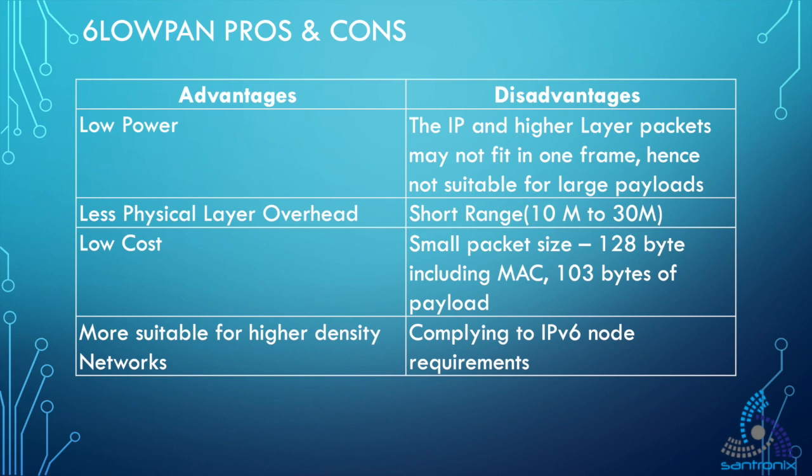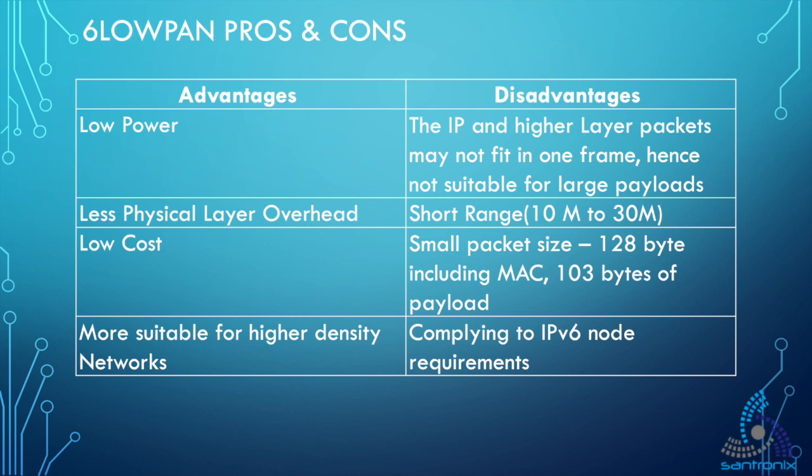What are the pros and cons of 6LoWPAN then? The advantage is the low power again, so less consumption of energy, less physical layer overhead. That's why the packets are very small, low cost, and more suitable for higher density networks. That's why we said that a smart city could be the best example for 6LoWPAN.